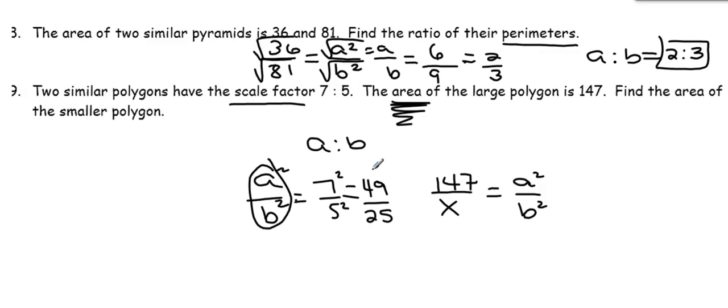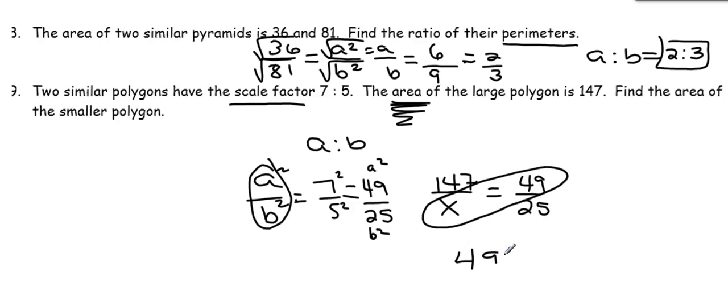And now that we have, this is a squared and this is b squared, we can substitute the values in here and then cross multiply. So a squared we found to be 7 squared, which is 49. And b squared we found to be 25. So now we have the area a squared to b squared equals a squared to b squared. We have common terms, so we are going to cross multiply.